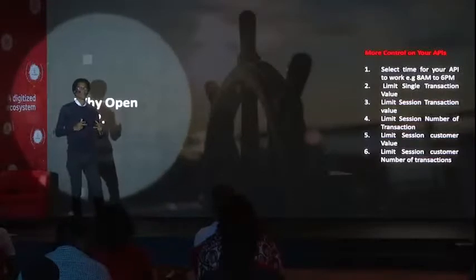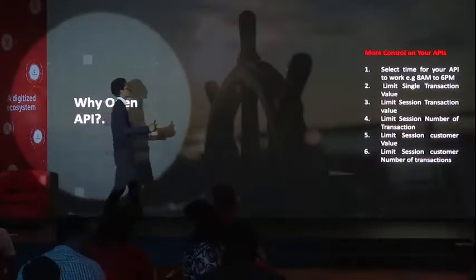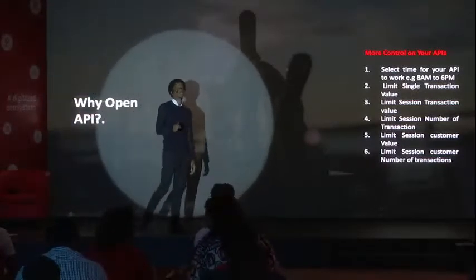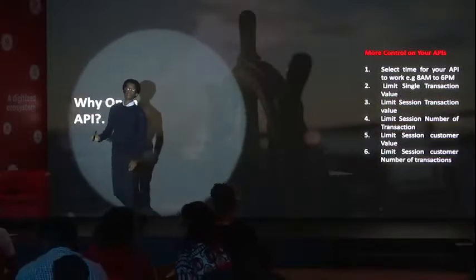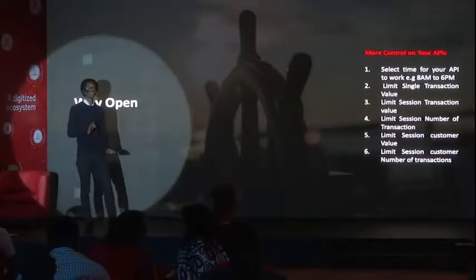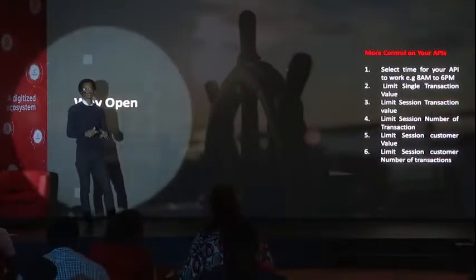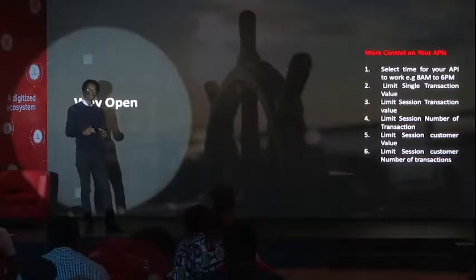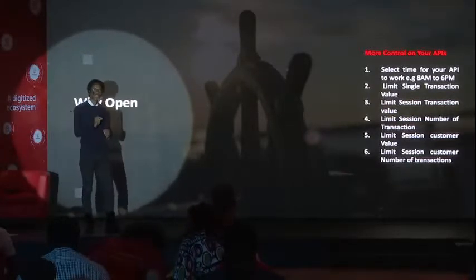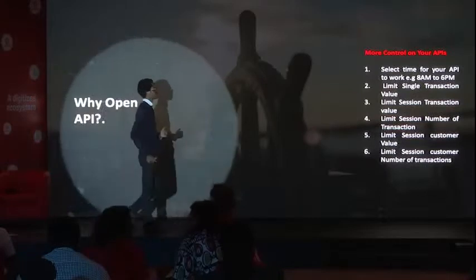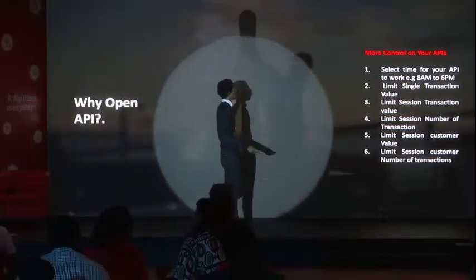And as well, you can limit the amount in a single transaction. For example, if it is a reward, or a particular amount of money to be paid to a particular customer, you can say the maximum should be 50,000, for example. Anything above that, reject. These things were supposed to be done by your development team, but we're giving you another layer of security for you to take control of your API.